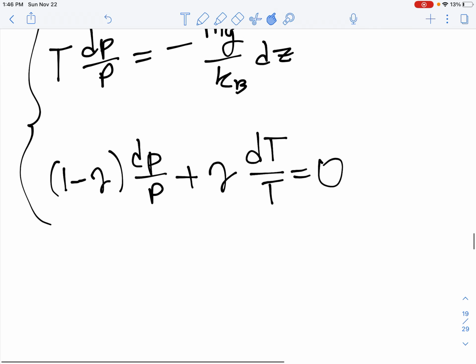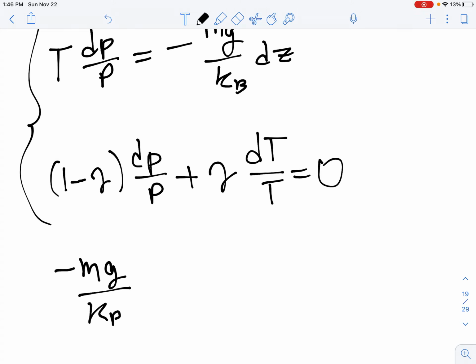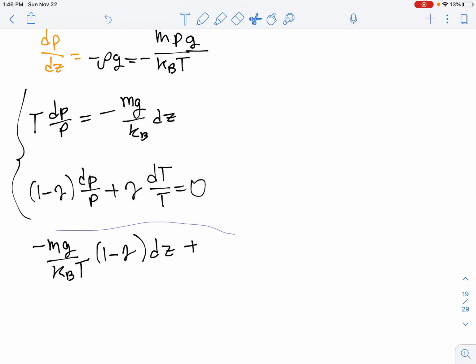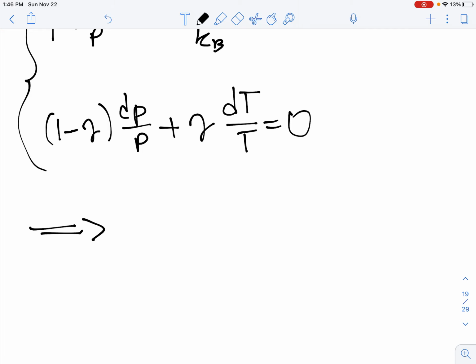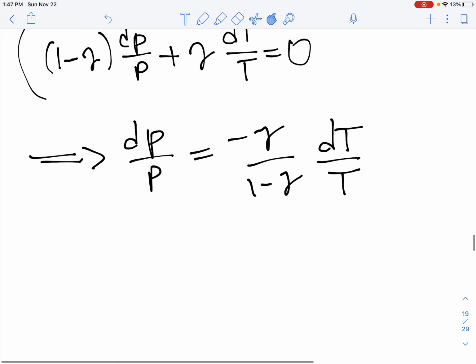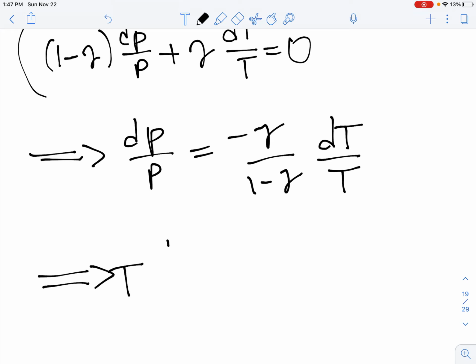Actually wait, we can do this a bit more neatly. Let us write dP/P = -γ/(1-γ) dT/T, which implies that T dP/P is equal to -γ/(1-γ) dT.